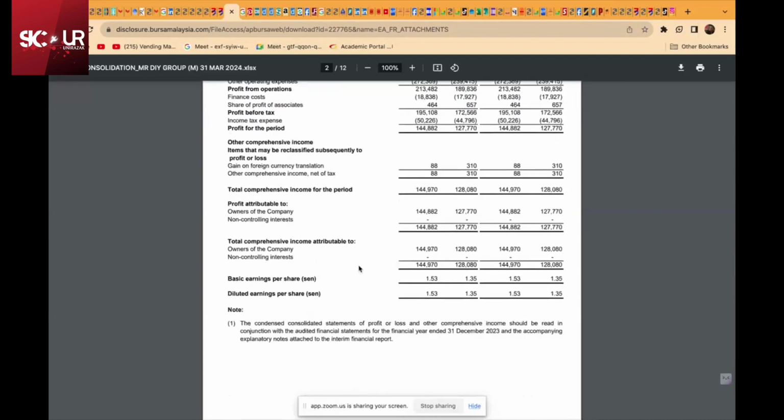There is an earning per share here, and you can use this earning per share as the basis. For example, we look at the share price.